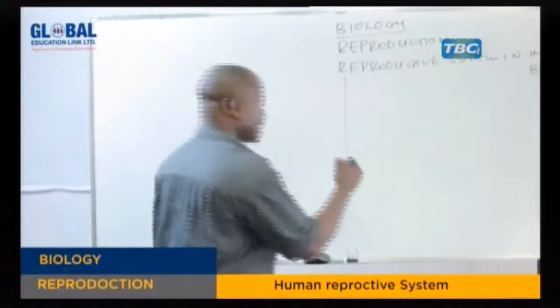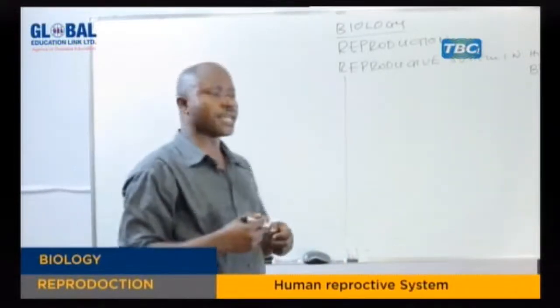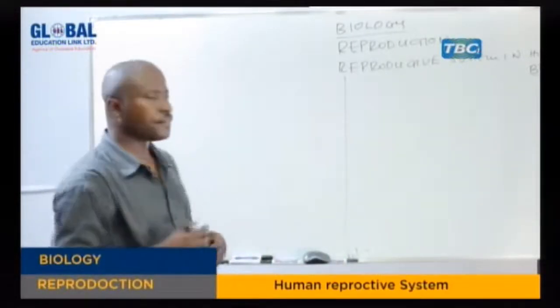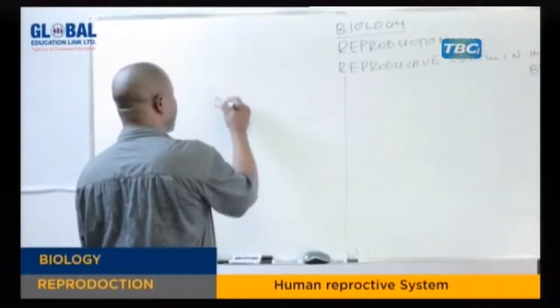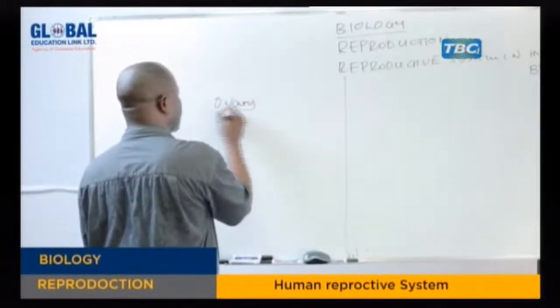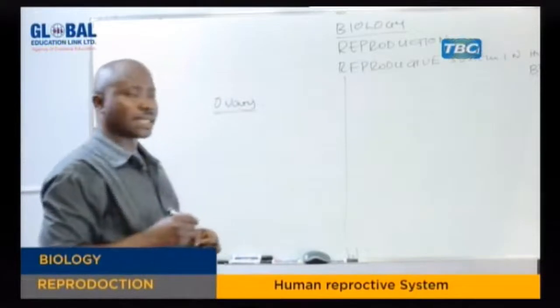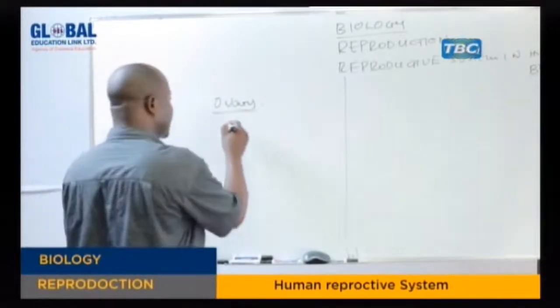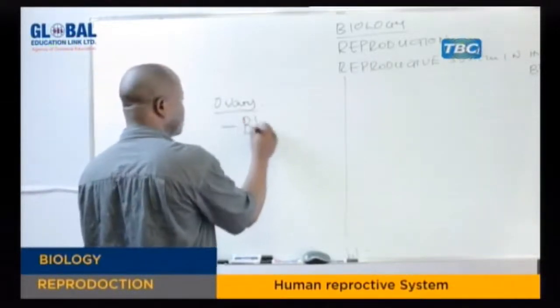It means the ovary is adapted for oogenesis by having some important features. The ovary, as I said before, has blood vessels.